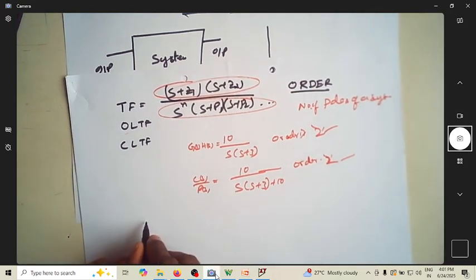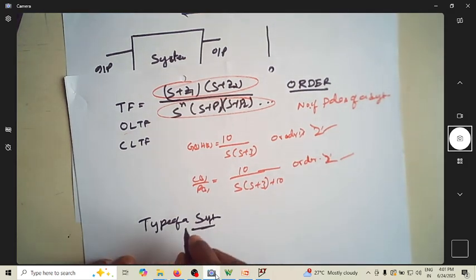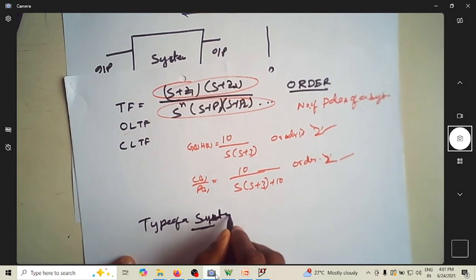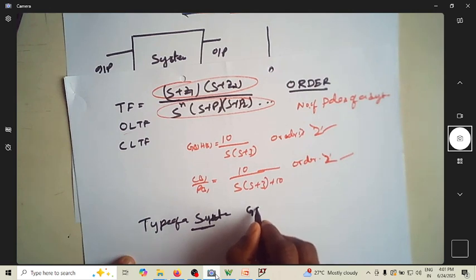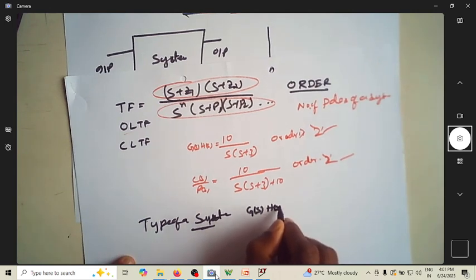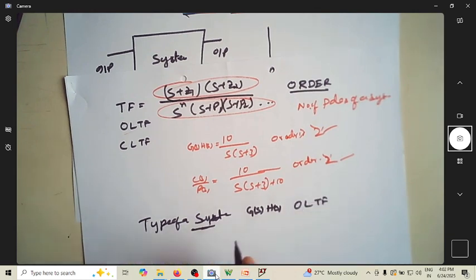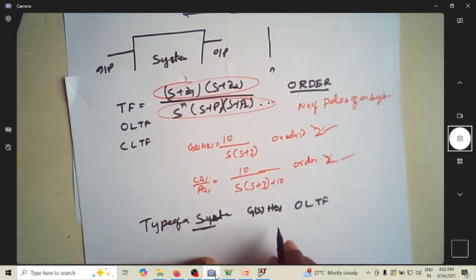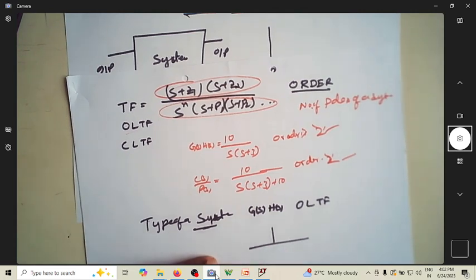Then we define something like the type of a system. So what is the type of a system? The type of a system is defined by considering the open loop transfer function only. It is nothing but how many open loop poles are there at the origin.